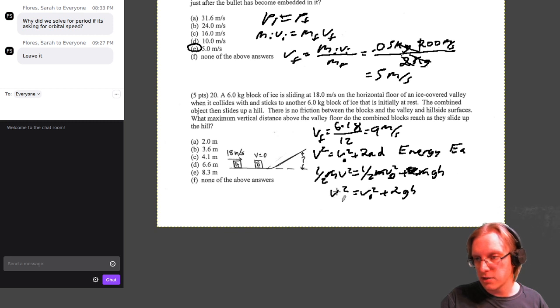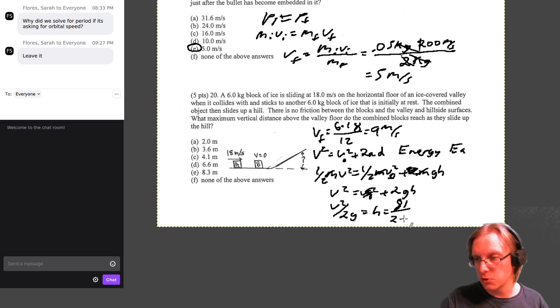we have a velocity that's equal to our kinetic energy, and this is equal to 0. So then we end up with v, right? Oops, no. We need the height. So we get v squared over 2g is equal to h. v is 9. 9 squared is 81.